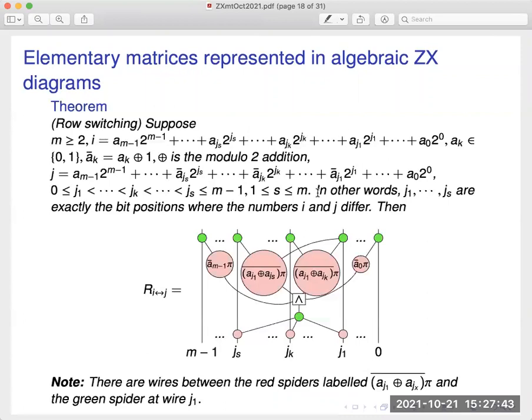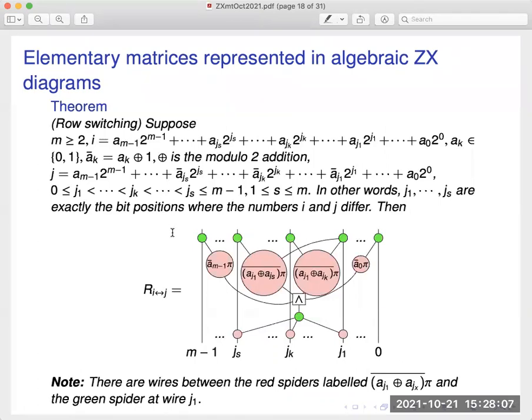Okay, the last one is the row switching elementary matrix. This is the most complicated one. Here you just swap. Not exactly m bigger than or equal to 2, it can be m equal to 1. I will show that later.